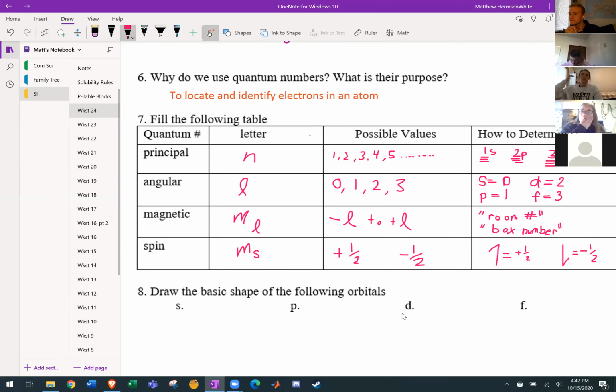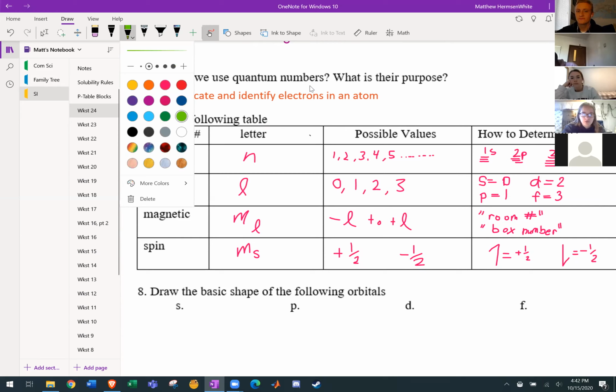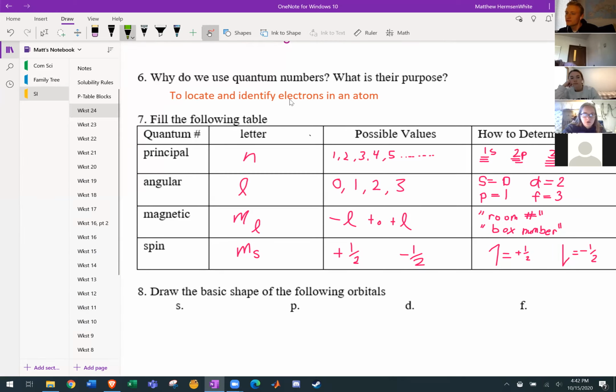So for the magnetic possible values, you could have -2 and 2. Could it be literally any decimal value between -2 and 2? Good question. Here's what I mean by negative to positive. Let's say the L was equal to 2.